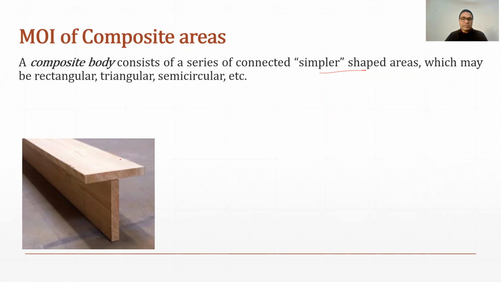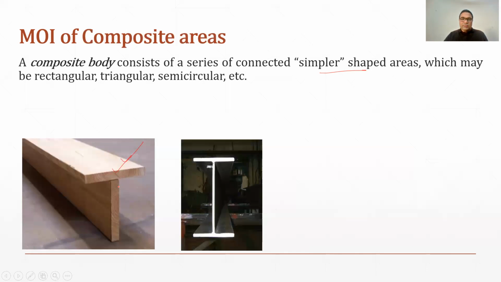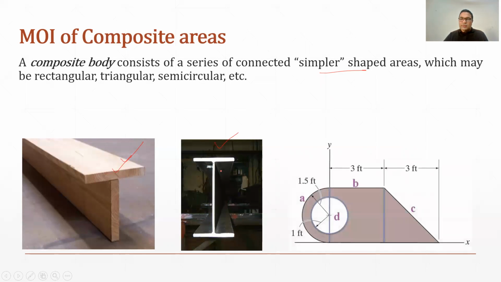You can see this cross-sectional shape looks like a T section, and a T is basically a composition of two rectangles, one along the horizontal and one along the vertical. Similarly, this I section comprises three rectangles, one along the vertical and two along the horizontal. Or this composite area comprises four types of areas: rectangle, square, triangle, and circle.